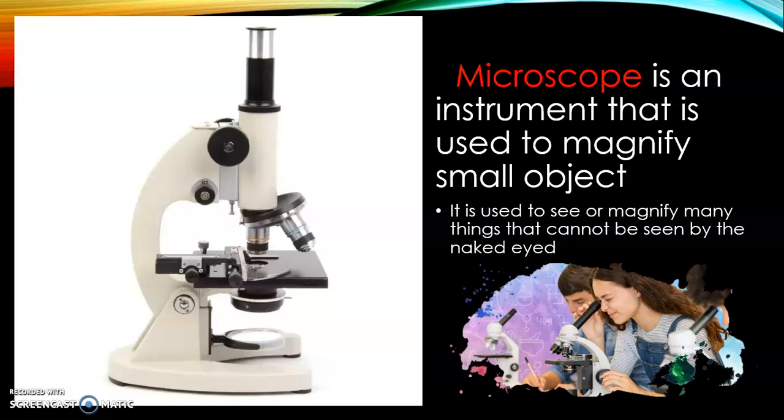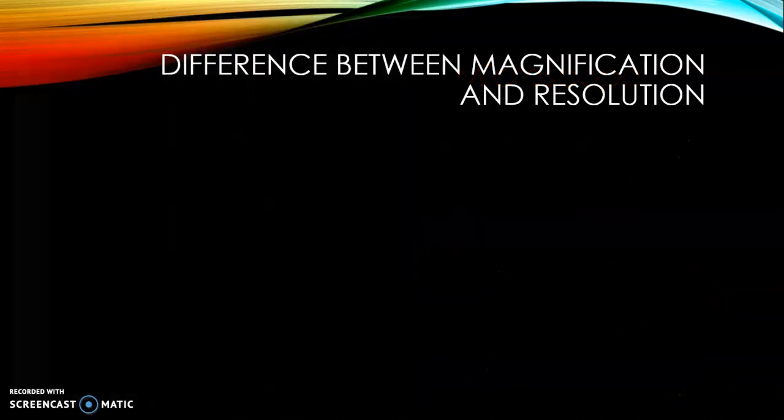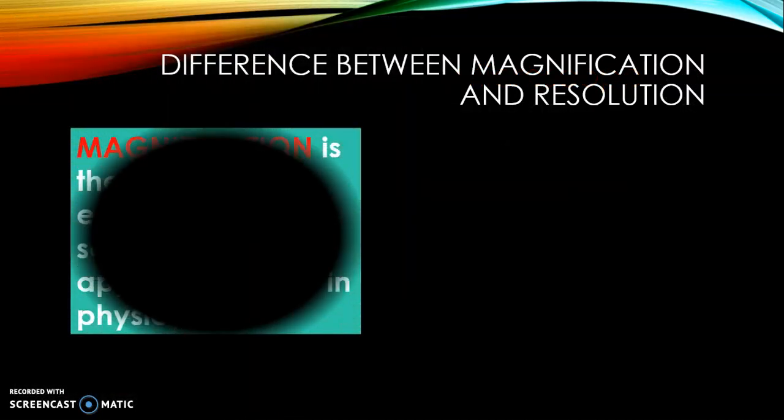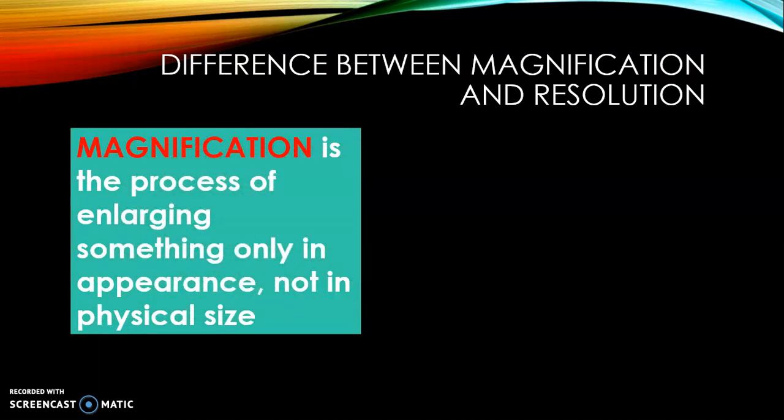Before we move on with the different parts of the microscope, there is one thing we need to understand first. That is the difference between magnification and resolution. Magnification is the process of enlarging something only in appearance, not in physical size.